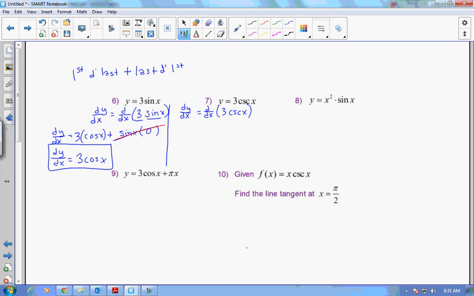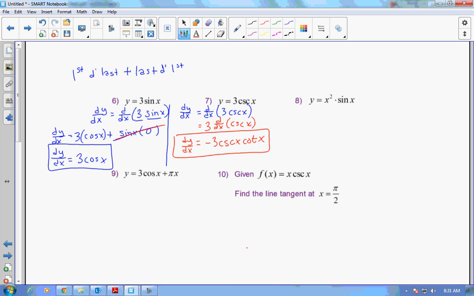So we can pull the 3 in front and just do the derivative of cosecant. The derivative of cosecant is, so we get negative 3 cosecant x cotangent x. dy/dx equals negative 3 cosecant x cotangent x. You can use the product rule too, you'll just notice that that term cancels out to 0.